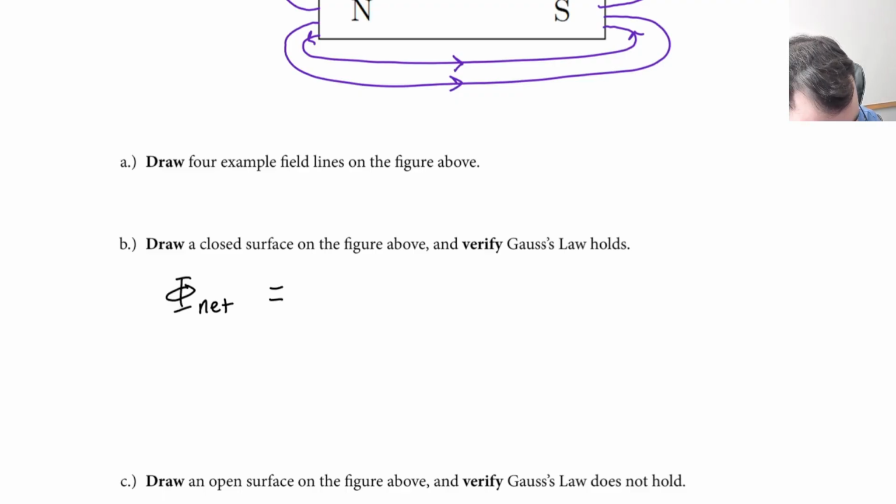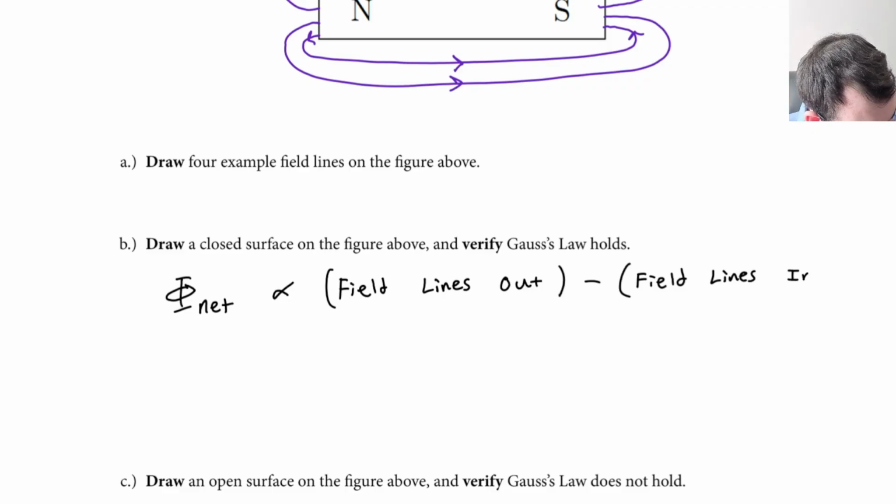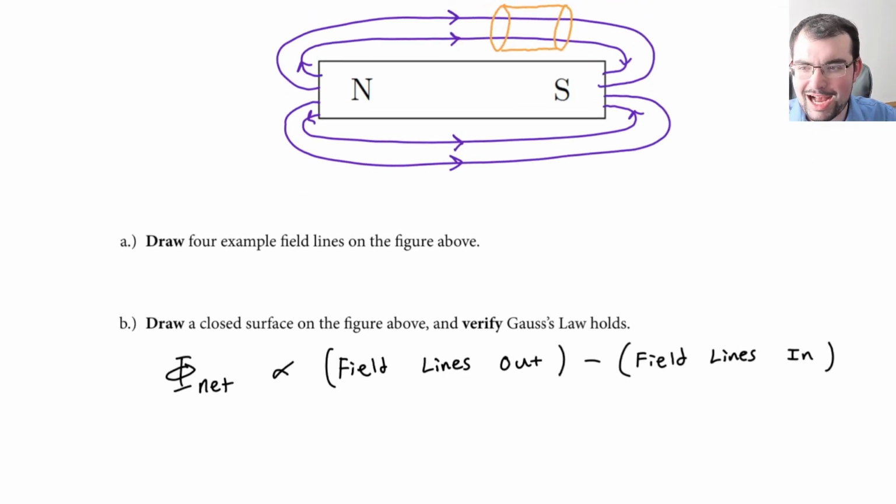Well, the net flux would be proportional to field lines that are exiting the surface minus the field lines in, because we said that outward flux is positive. Think about it like electric fields where positive charges would generate sources, so there'd be outward flow.